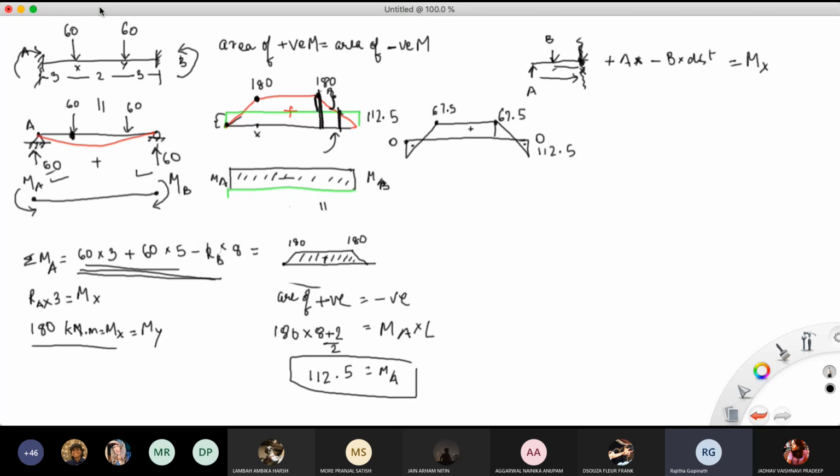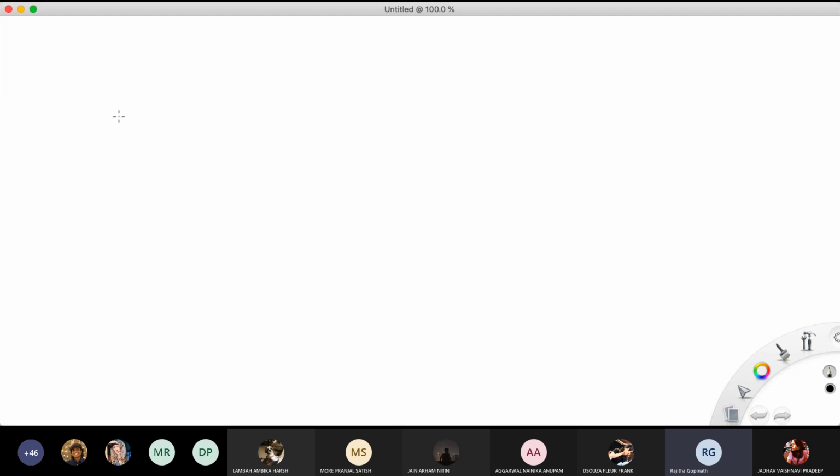Okay, now let me. Let's say, this is a simplistic way of finding it. We just equated the areas like that, but we also have ready-made formulas, right? That W into A square B by L square and W into A B square by L square and all that.